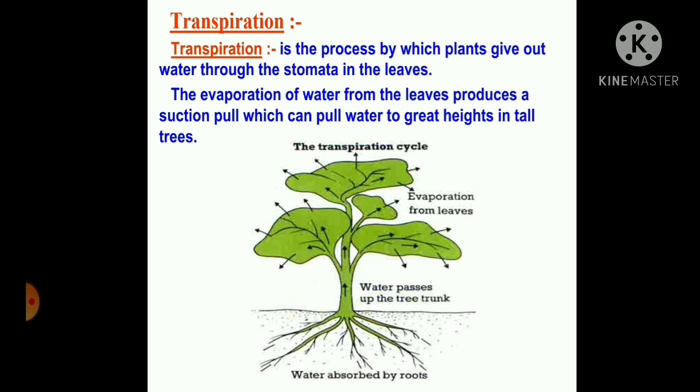The plant automatically releases the excess water through the stomata, which is known as the transpiration process. Once the water is released, the plant needs more water, so it creates a suction pull. There is an immediate suction pull which pulls all the water, and this water can reach great heights because of the suction pull that is created by the plant.